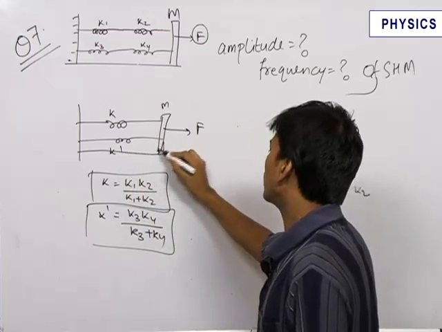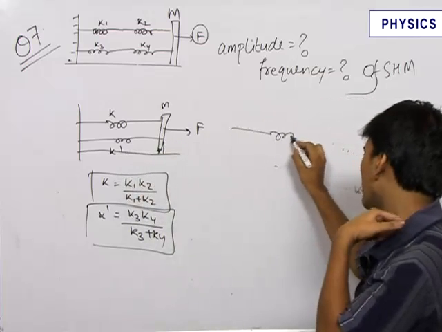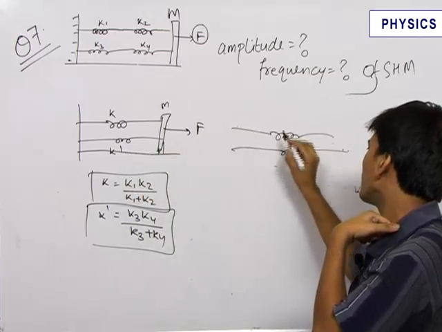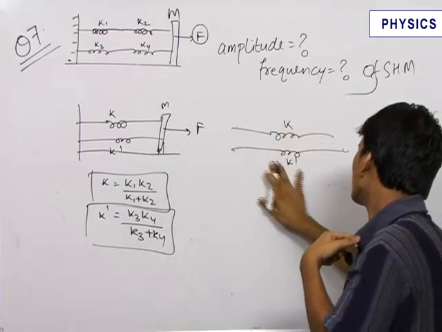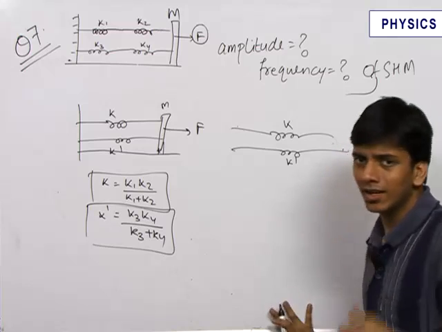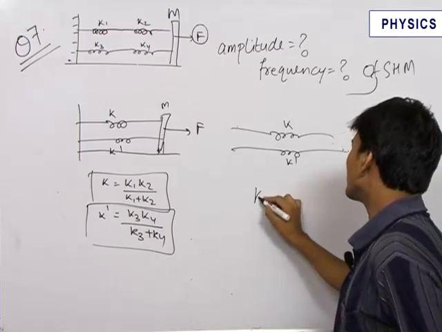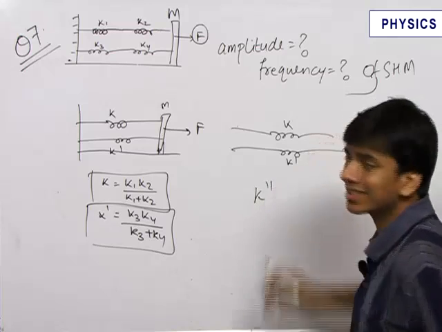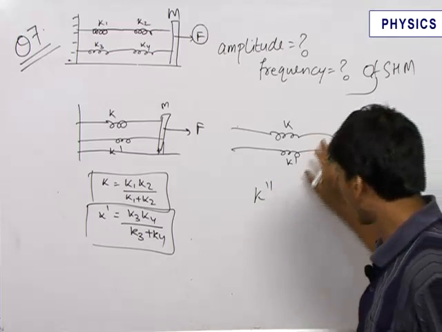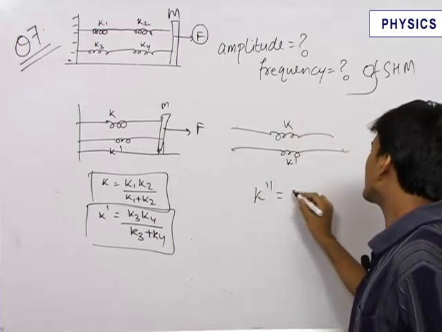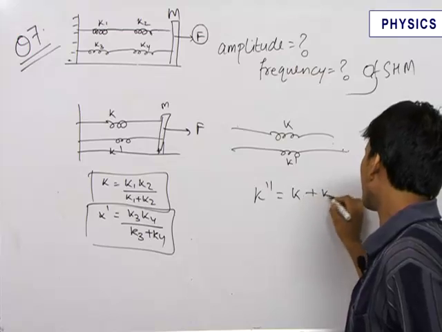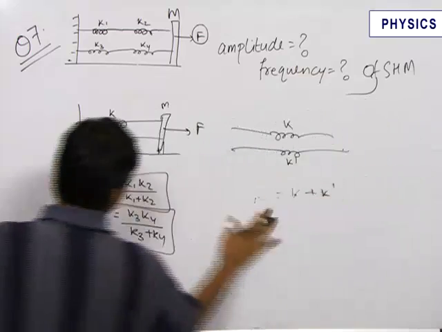Now, whenever the springs are in parallel, we apply the formula for combination of resistances in series. So again, the resultant spring constant, that is, one single spring which can replace these 2 springs, is equal to K plus K dash.